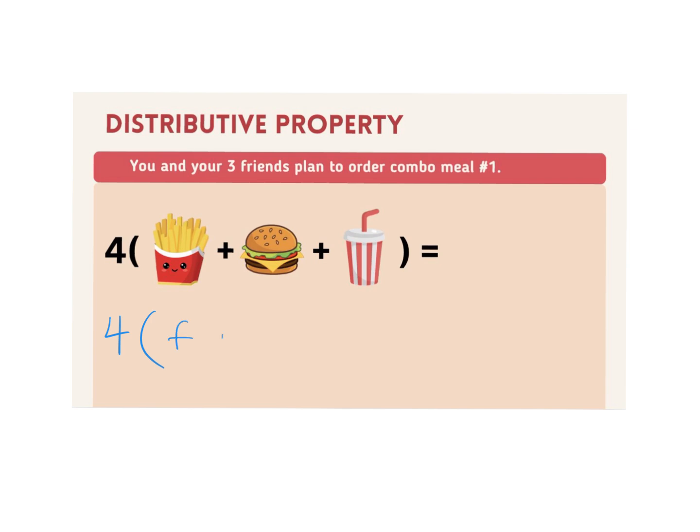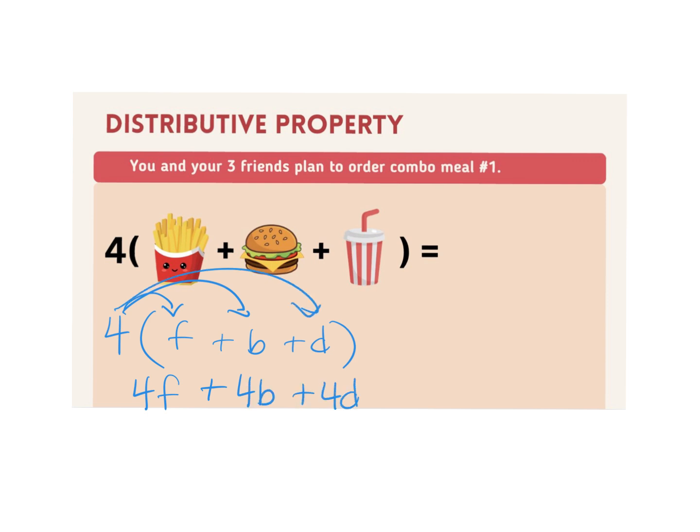A fry plus a burger plus a drink. Now if I wanted to actually distribute this, I could say, hey, we're going to end up with 4 fries plus 4 burgers plus 4 drinks in the end. This is called the distributive property, and we worked with that earlier in Module 5. So we're going to use that today when we're writing some equations for word problems.